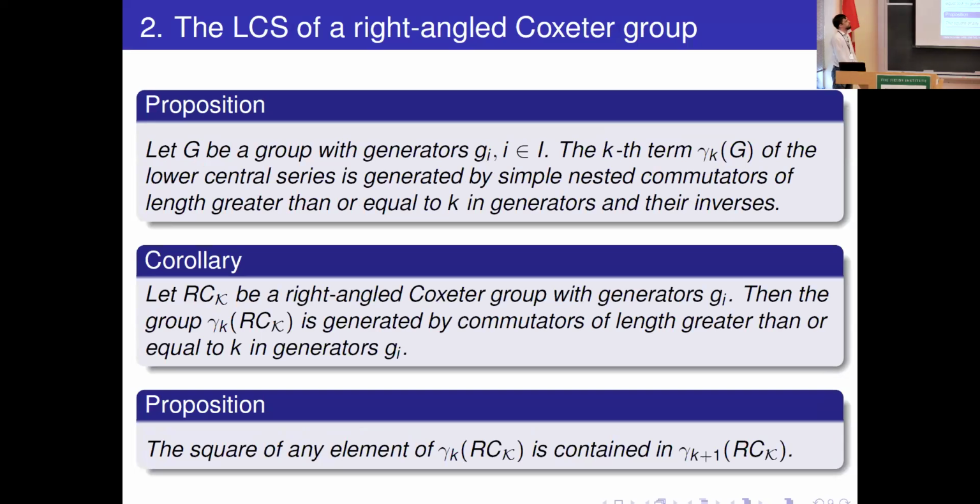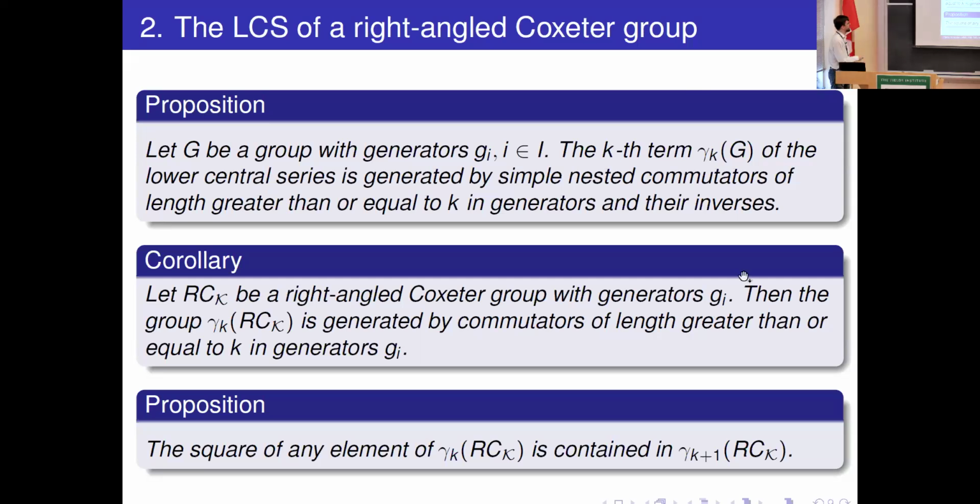Let G be a group with generators g_i. The theorem: gamma k of the lower central series is generated by simple nested commutators of length greater than or equal to k in generators and their inverses. Corollary: let RC_K be a right-angled Coxeter group with generators g_i.